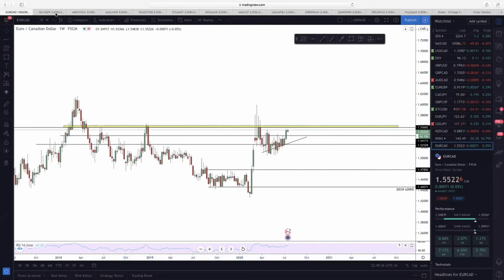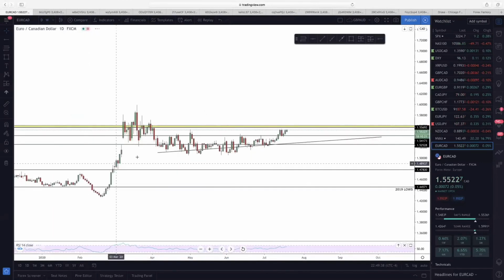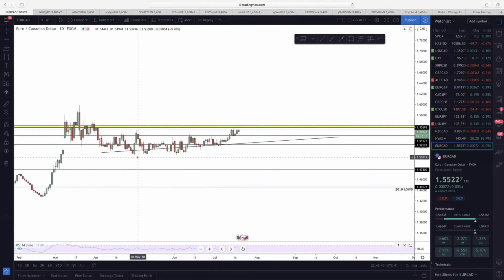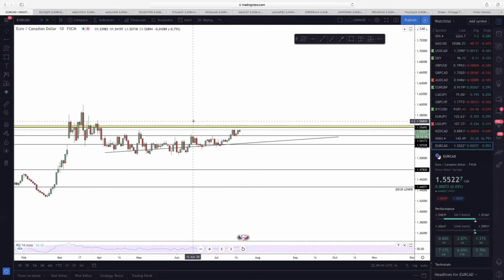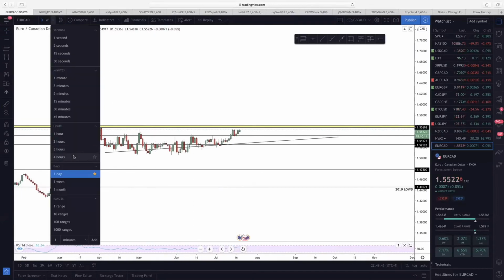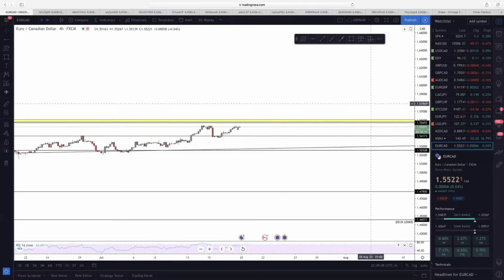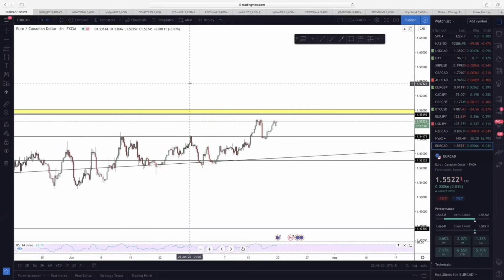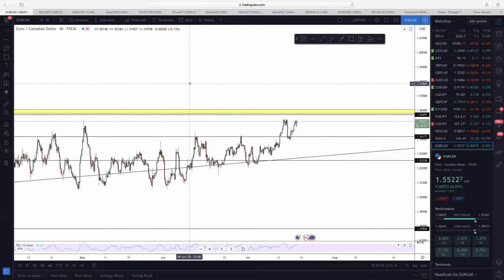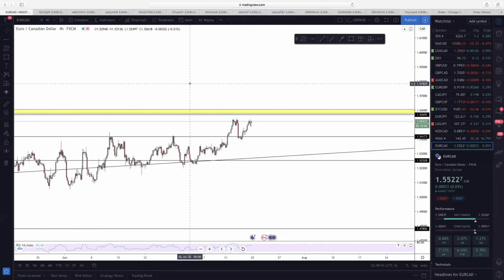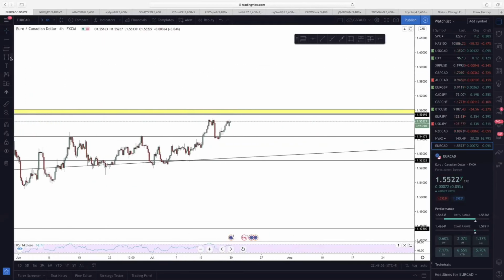So let's go ahead and see what happened on a daily time frame, right? On a daily time frame, you can see we're approaching this level of resistance, right? On the 4-hour time frame, what is it that you're looking at? You're still waiting to see. Honestly, what I would do is mark my chart or do the clips like this, right?